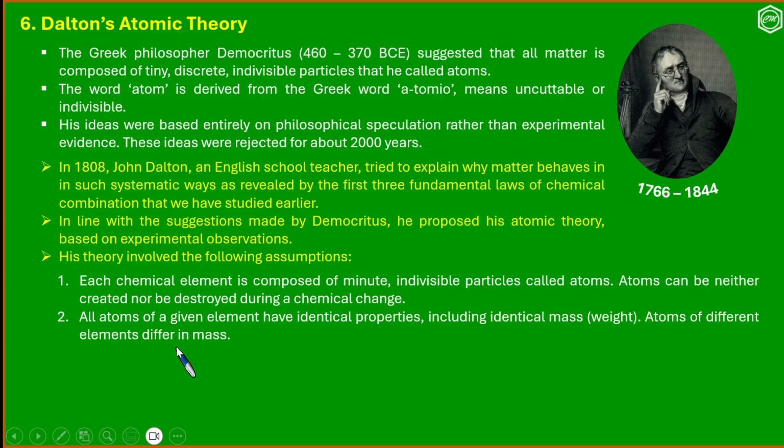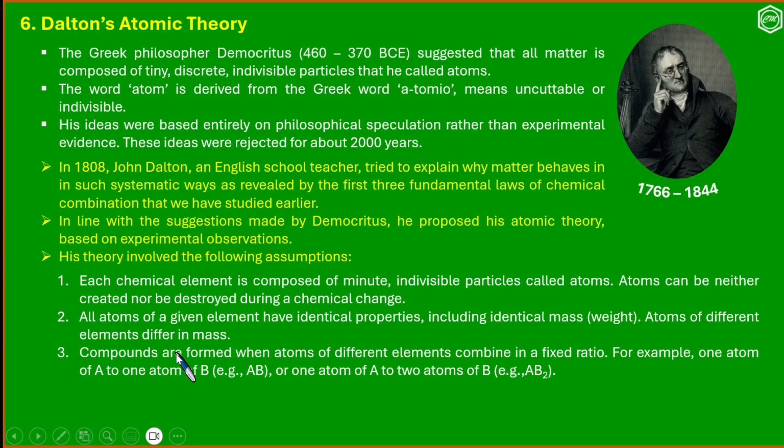Atoms of different elements differ in mass. Compounds are formed when atoms of different elements combine in a fixed ratio. For example, one atom of A to one atom of B gives AB, or one atom of A to two atoms of B gives AB2. Chemical reactions involve reorganization of atoms.